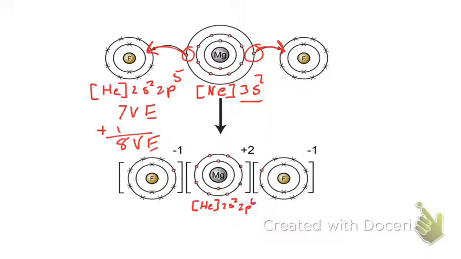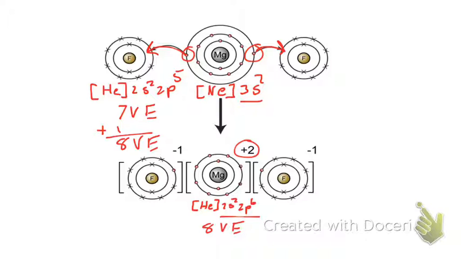So it's lost its entire 3rd shell, and therefore the valence shell for magnesium is now the 2nd shell, and it already is full. It has 8 valence electrons, and magnesium is very content and happy, other than that it has a positive 2 charge now.